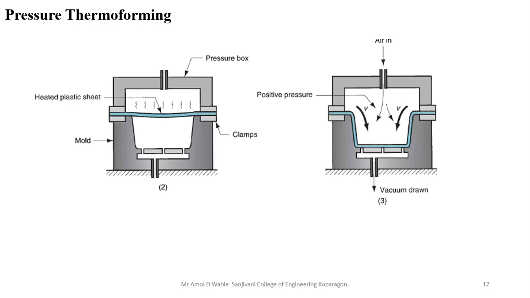Vent holes are provided to exhaust the trapped air on this side. Initially pressurized air is applied from the top, and later whatever air is present in the cavity is drained out, and it gets its final shape by applying external pressure. So this is called pressure thermoforming.